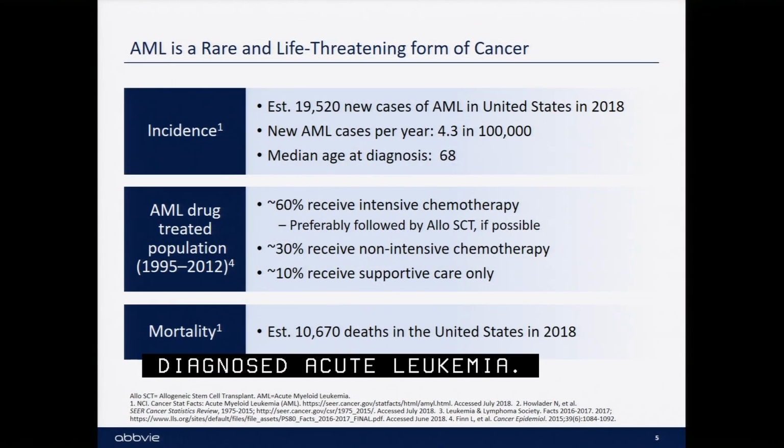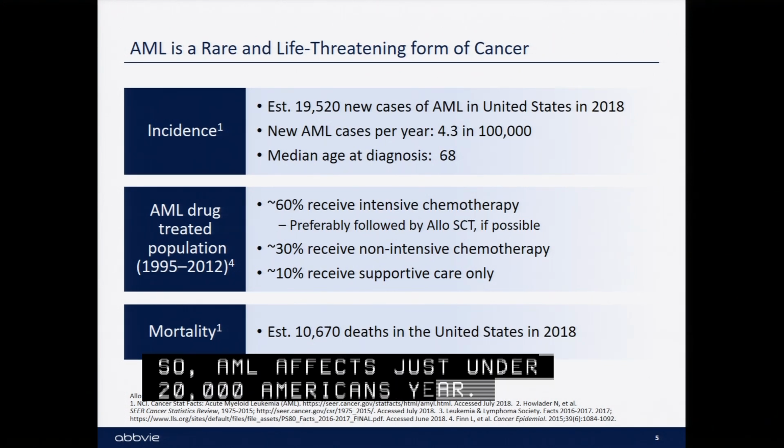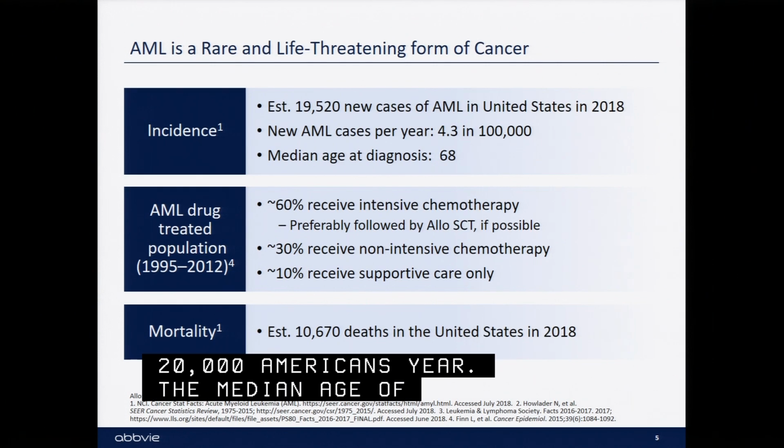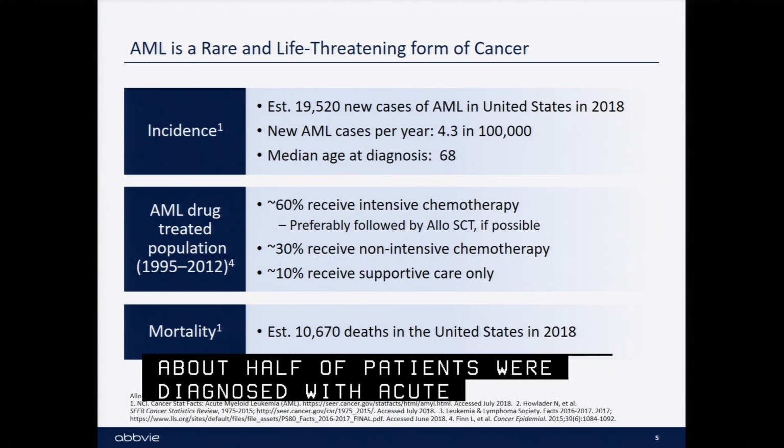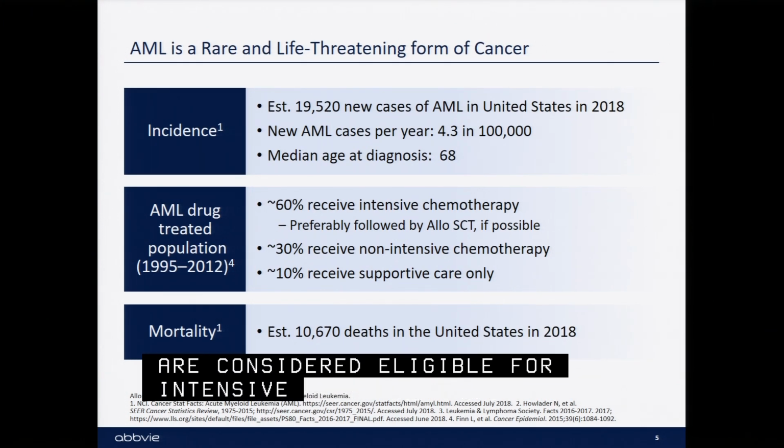AML affects just under 20,000 new Americans each year, and the median age at diagnosis is 68 years of age. About half of patients who are diagnosed with acute leukemia are considered eligible for intensive chemotherapy, which allows the patients to enter a treatment pathway where there's a hope for cure.